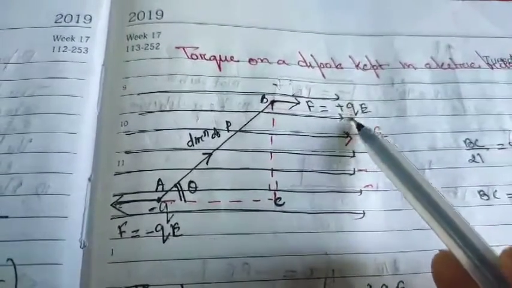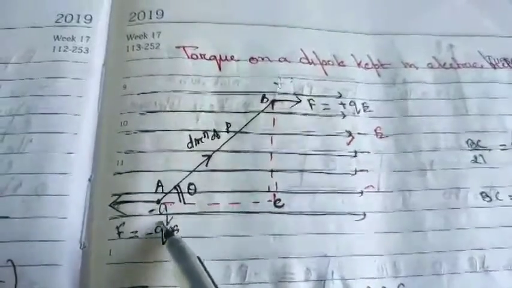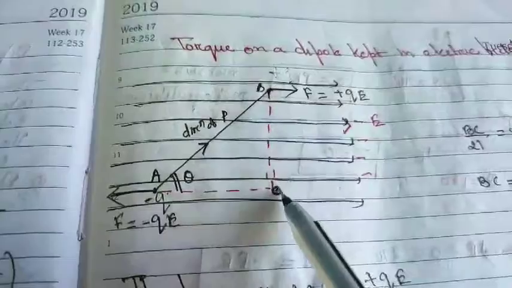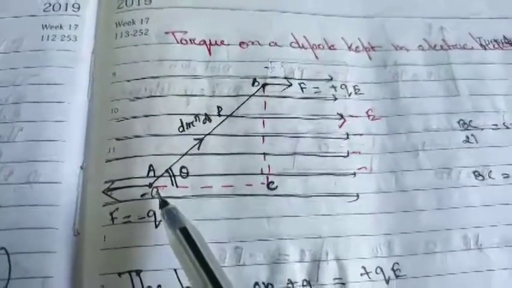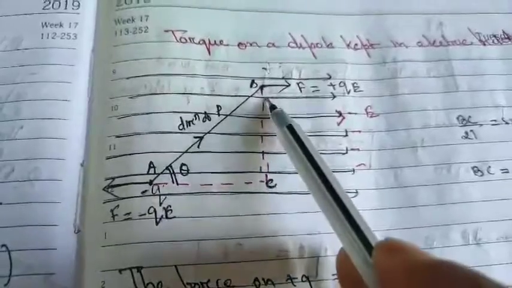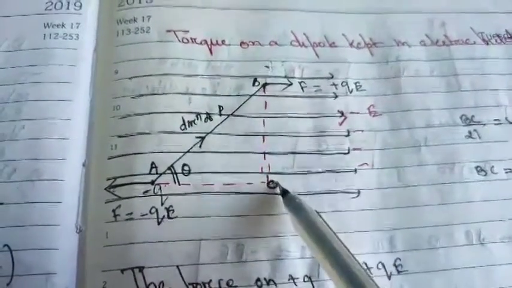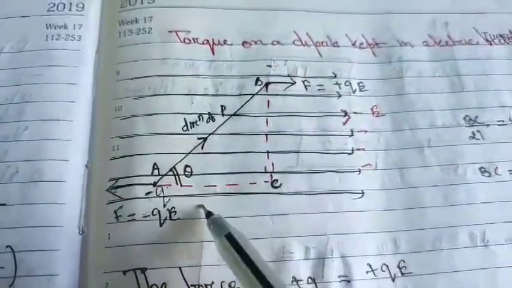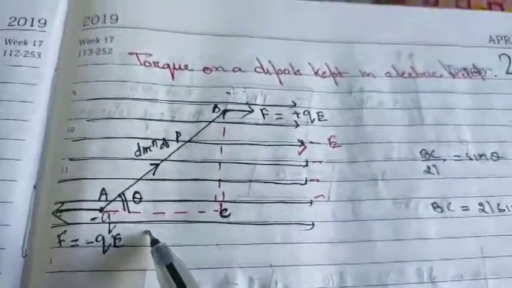This is positive charge and this is negative charge. Now you have to consider one triangle, that is CAB. I will repeat, CAB.